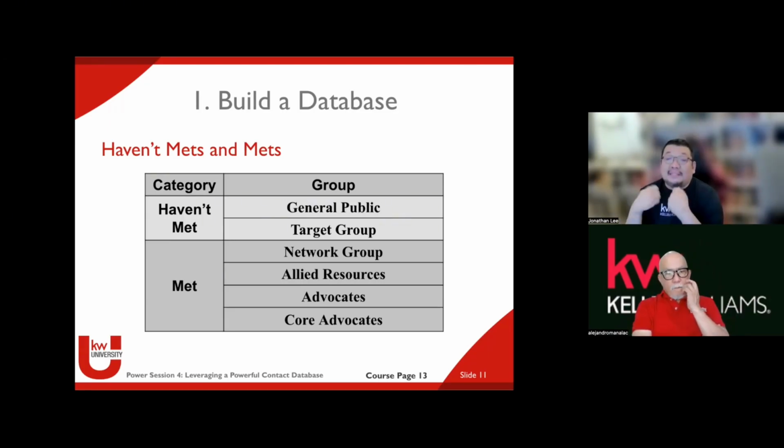So those messages could be more general, about your track record and your available listings. For the people that you have met before, you want more personalized, more specific messages, potentially inviting them to events.